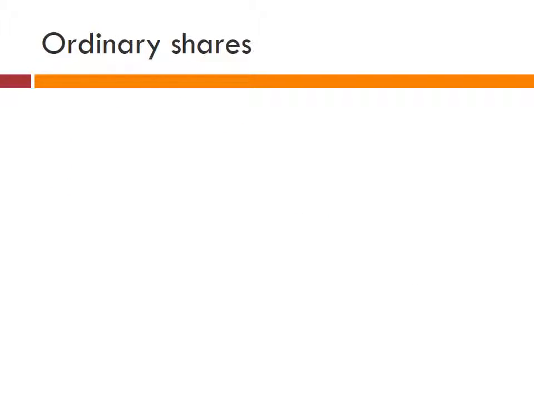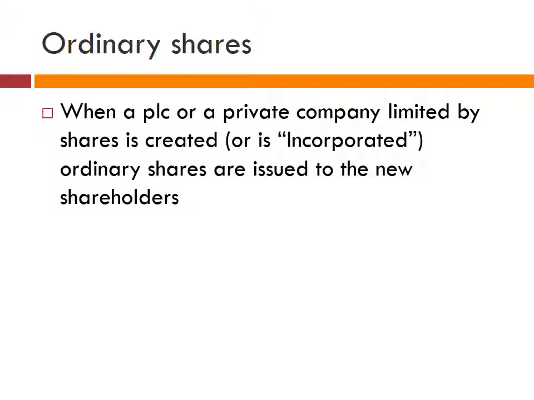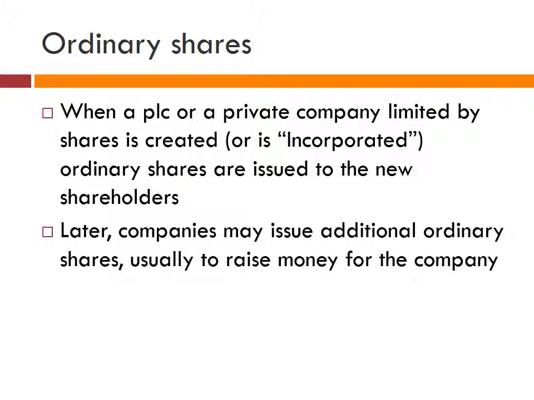So we'll start by talking about ordinary shares. Well, a private company limited by shares or a PLC will have ordinary shares. These are issued right at the start of the business when it's created or incorporated, but they can also be issued at a later point as well if the company, for instance, needs to raise money for a new project.